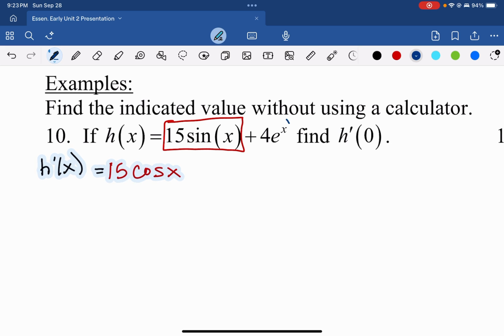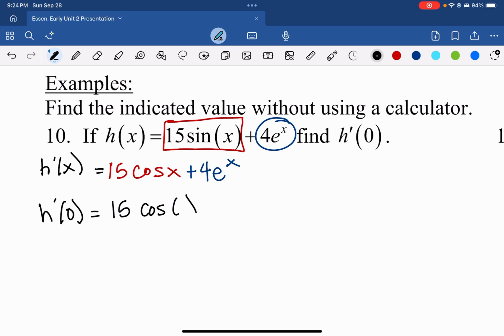And then plus 4 e to the x. Let's take the derivative: e to the x is the same. So next we're going to plug in 0. So 15 cosine of 0 plus 4 e to the 0.